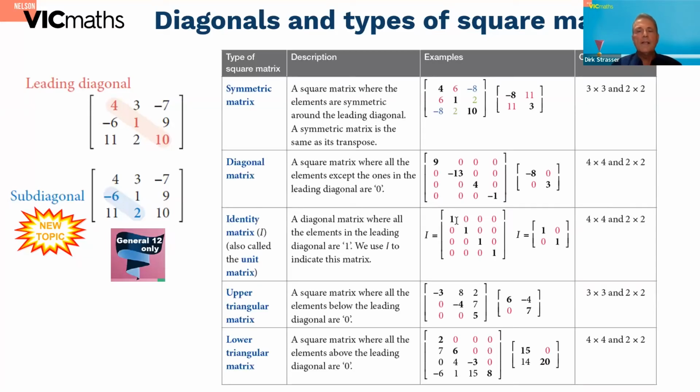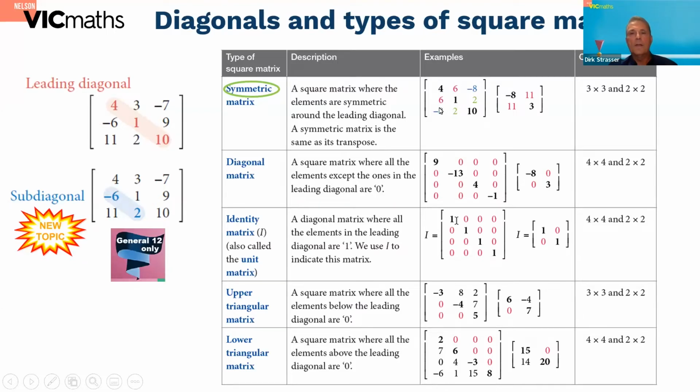So anyway, these are the definitions. We have a symmetric matrix, which I think is the hardest to visualize in some ways. I'm hoping you can see that we've tried to use colors there to show the symmetry. If you look at the leading diagonal, it's sort of the line of symmetry.